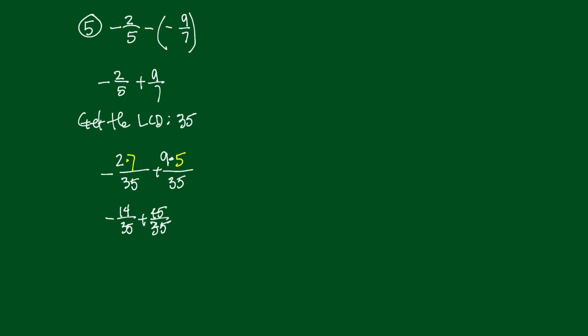Now I've got two fractions with the same denominator, so I can just write one big fraction with that denominator, and now I've got negative 14 plus 45. So let's go back up to the top here. We're going to have something over 35. So what do we have? Now can you do it in your head here? They have opposite signs, so just run a subtraction and use the sign of the number that is bigger.